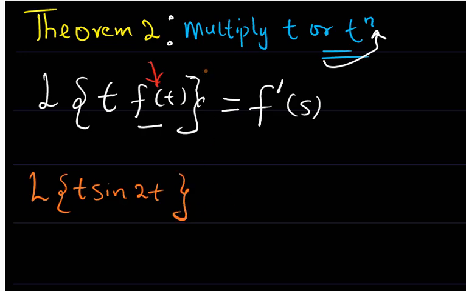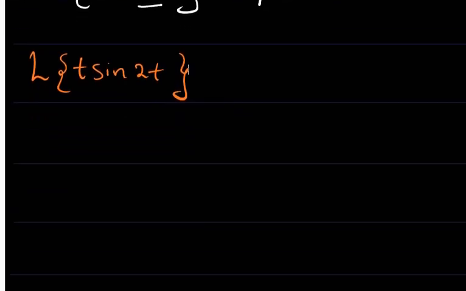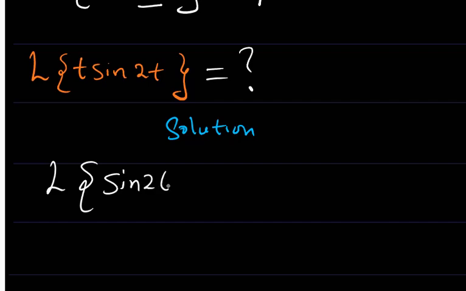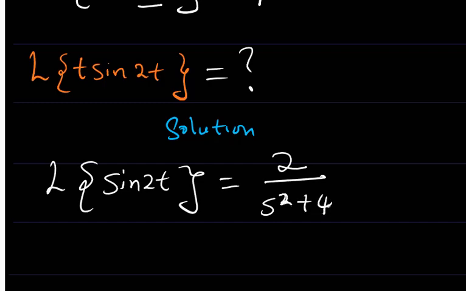First of all, what we do is we evaluate the Laplace transform of sine 2t, which you know is 2 all over s squared plus 2 squared, which of course is 4.